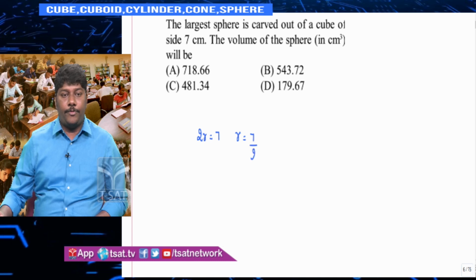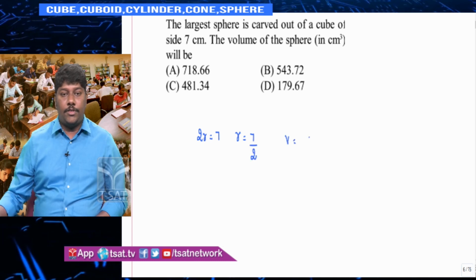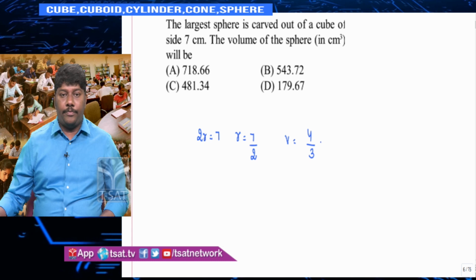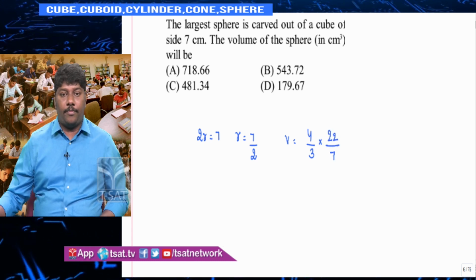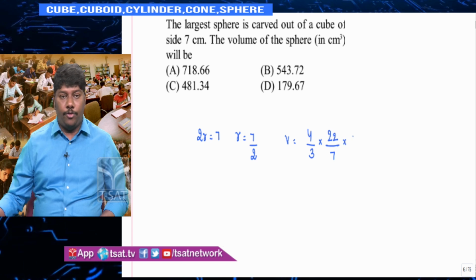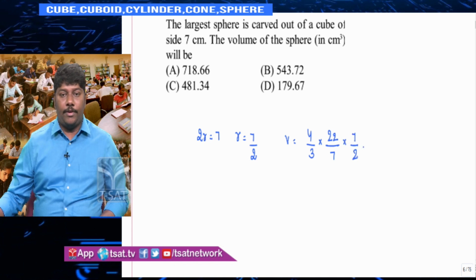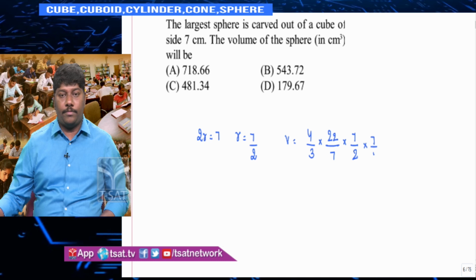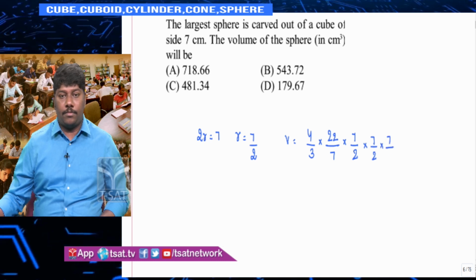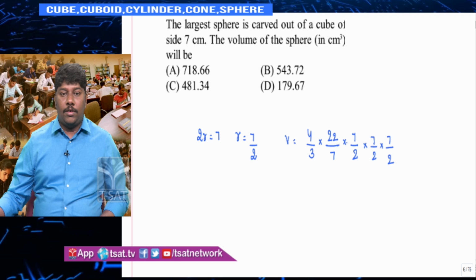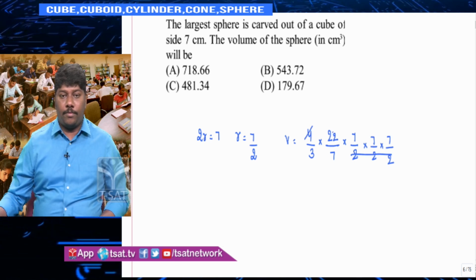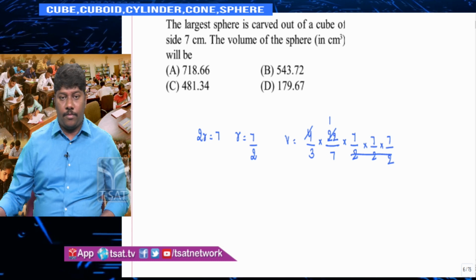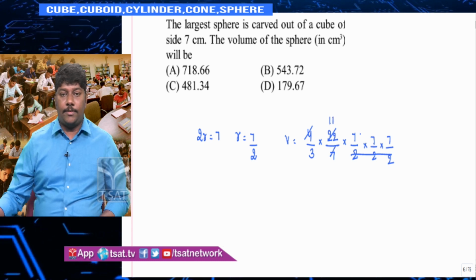So the volume of the sphere is equal to 4 by 3, 22 by 7, pi r cube, which is 7 by 2 into 7 by 2 into 7 by 2. You can cancel all these values. 7, 7 cancel.